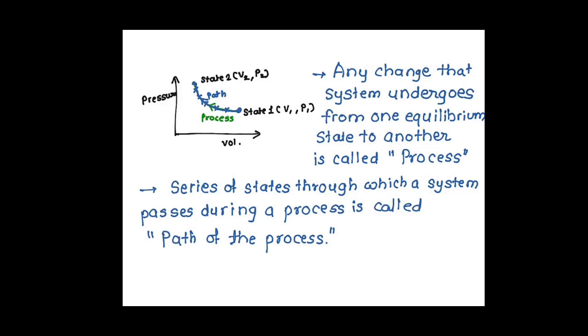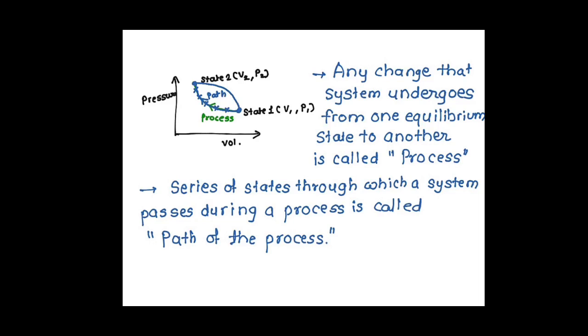As we know, state 1 was the initial state of our given process, and it has undergone interaction with the surroundings, due to which it has attained state 2. So we will say a system has undergone a cycle if at the end of the process this system returns to its initial state.